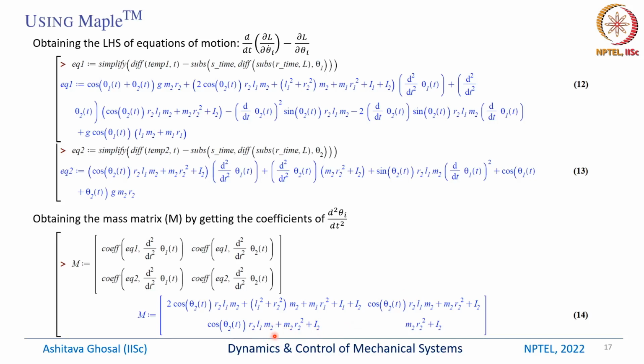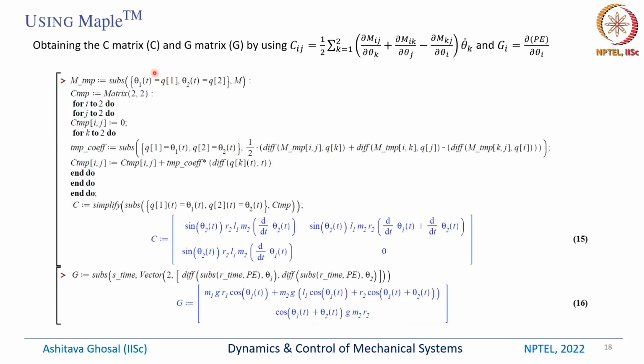So 1 2 is the same as 2 1, and the 2 2 element is this. If you go back and see the lectures where we derived the equations of motion, these are indeed exactly the terms you will get for the mass matrix, written slightly differently.